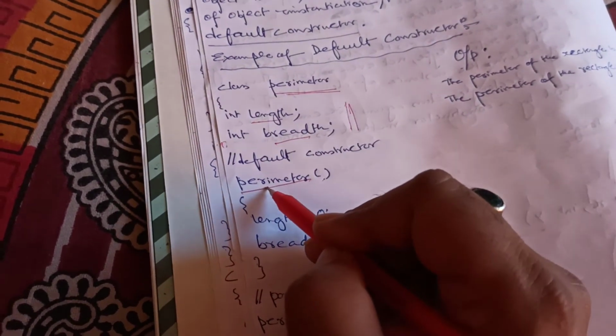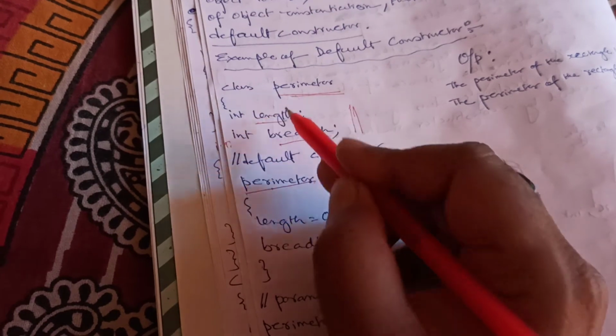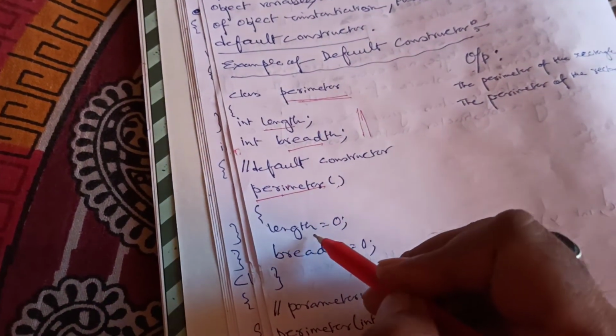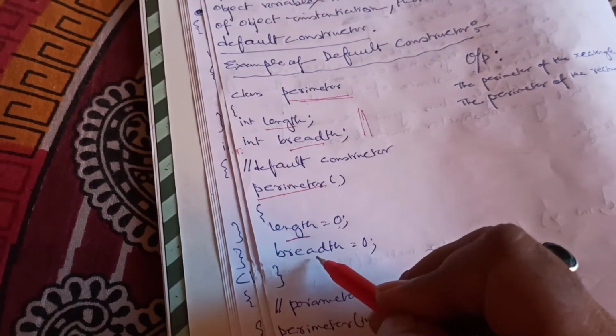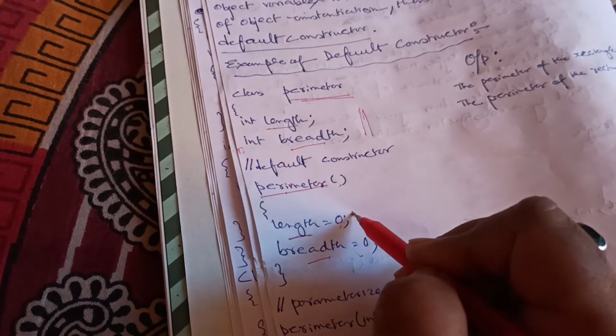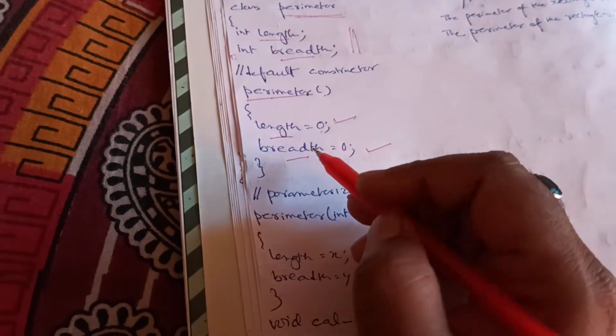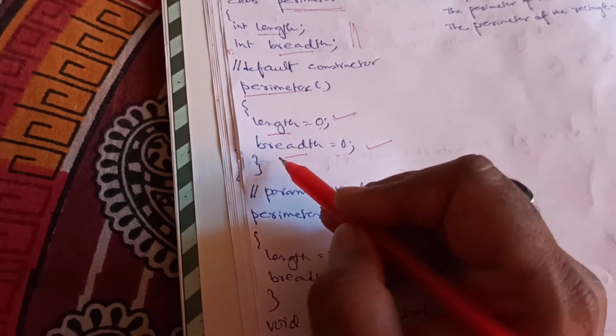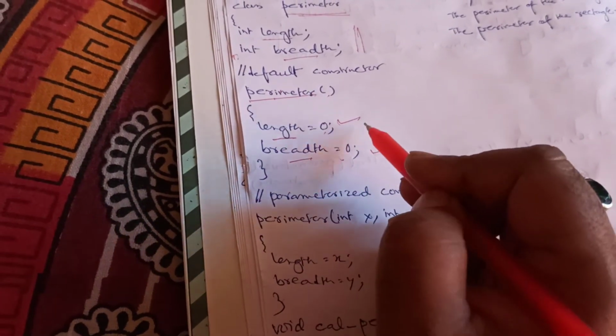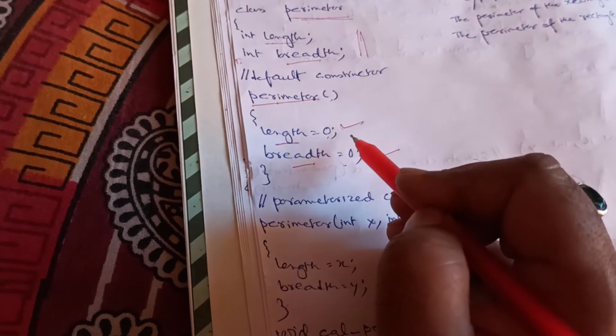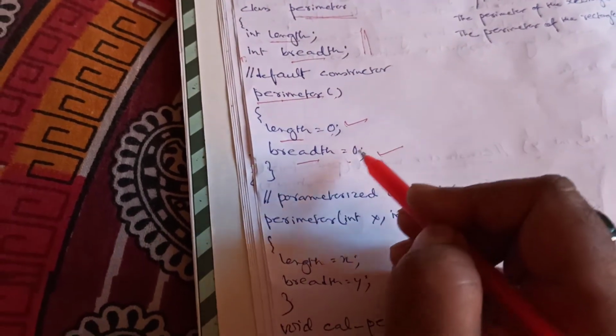Why is the name Perimeter? Because it is the same as the class name. Here we have defined length as 0 and breadth as 0. So these are the default values. We have assigned some default values in the constructor. That is why it is known as a default constructor.